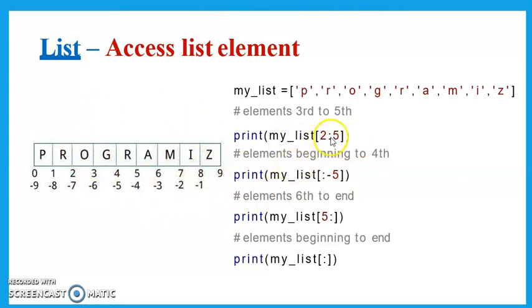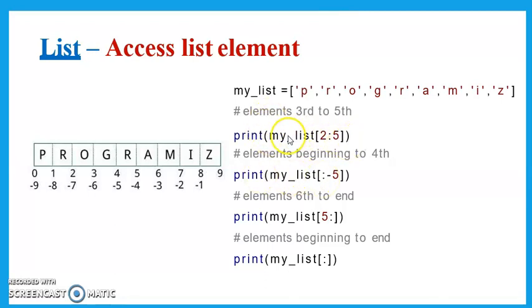To access a sublist, you have to use the slicing operator. So print(my_list[2:5]). This statement prints the elements beginning with the second index to the fourth index. The last index is omitted, so it displays the characters up to the fourth index. print(my_list[:-5]) will print from the beginning up to the fourth element.